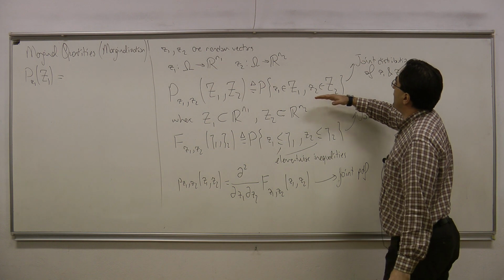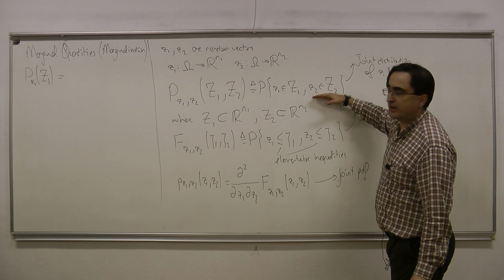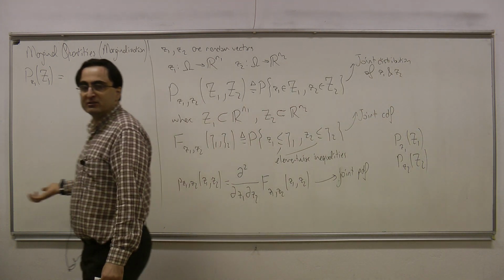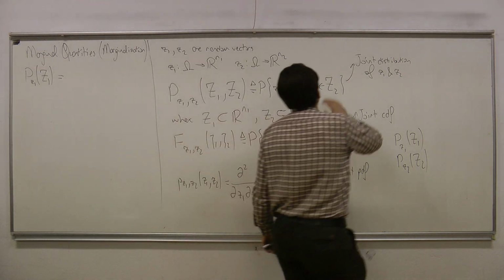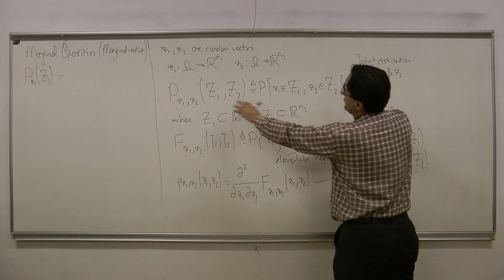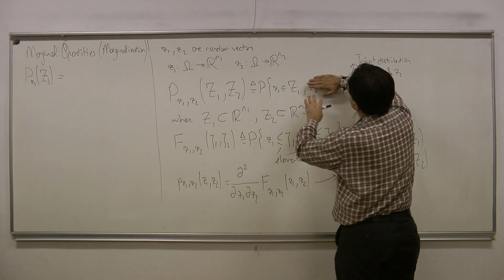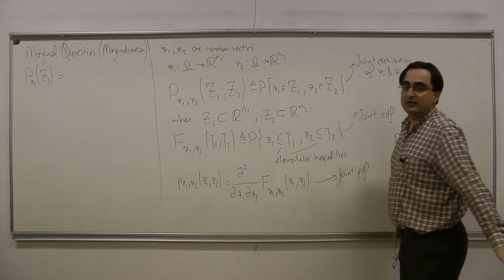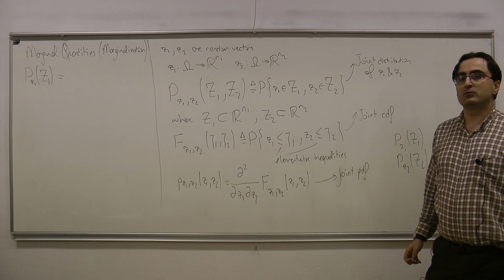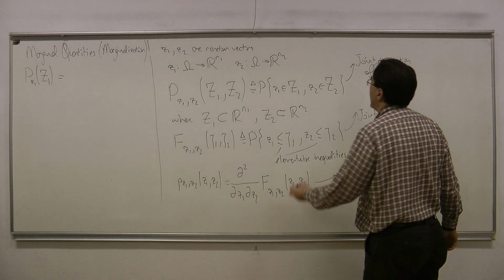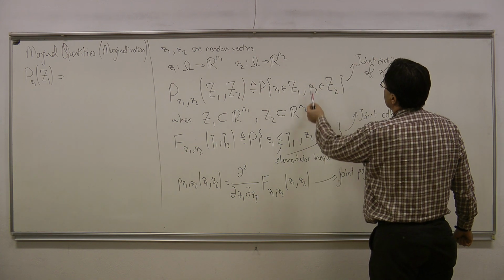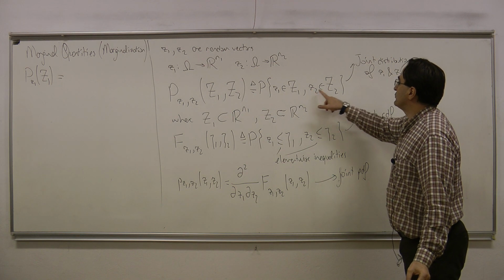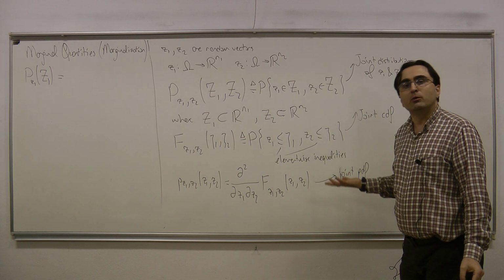I can do that by converting this second event related to Z2 into a sure event. Okay? So a sure event is an event which has to happen with probability 1. Here I can reduce this joint probability into a marginal probability by making sure that the second event is a sure event. So how can I choose capital Z2 such that the event small z2 inside capital Z2 has probability 1?